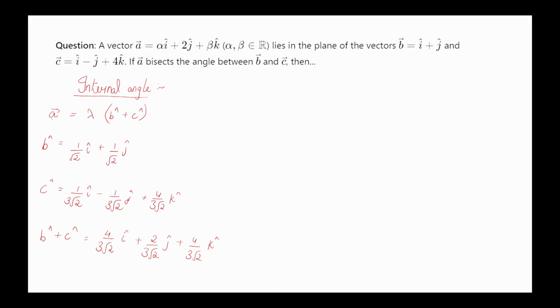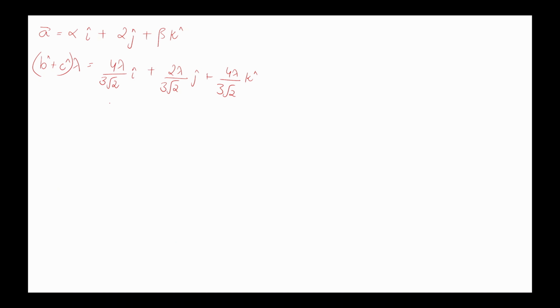Now we know that A vector is going to be equal to this vector only. And here we can see that alpha is an unknown variable. So if I equate alpha to 4 lambda upon 3 root 2, we are not going to get any value, right? However, if I look at the J cap value, I have a constant here and I have lambda here. So from here I can find out my lambda. If I equate these two, I would have 2 is equal to 2 lambda upon 3 root 2.